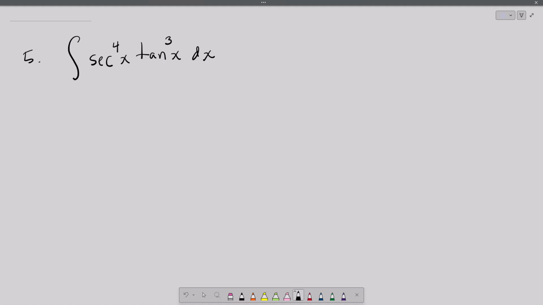It will be the derivative of what we choose for u. If we think about pulling off a tangent, we're not only pulling off tangent, we're pulling off secant tangent, because the derivative of secant is secant tangent. And so then the idea would be we're going to let u be secant, and everything remaining has to be secant, so we let u be secant, and then du is that sec tan.